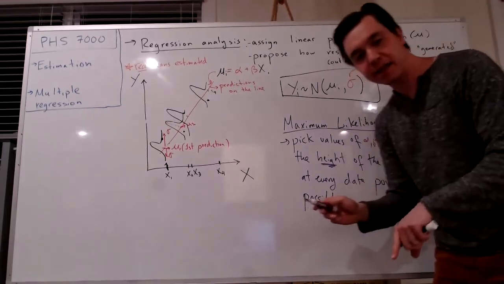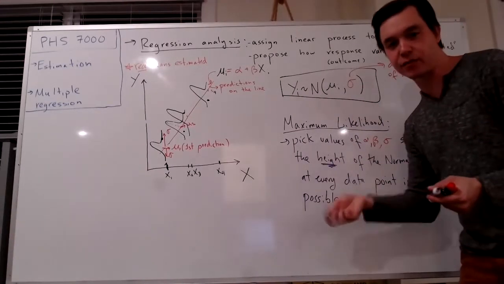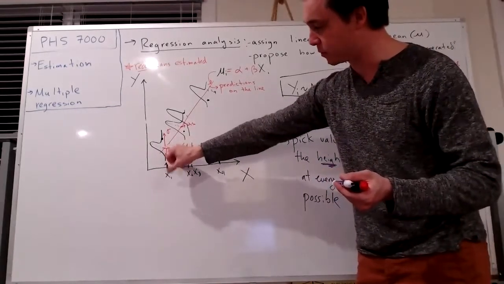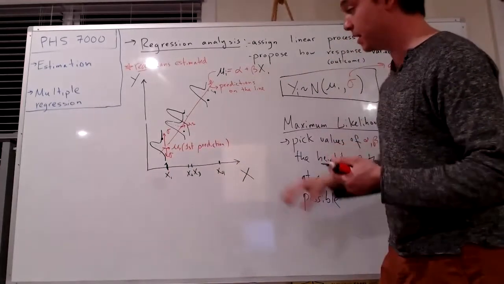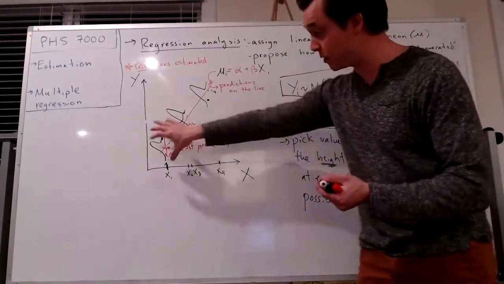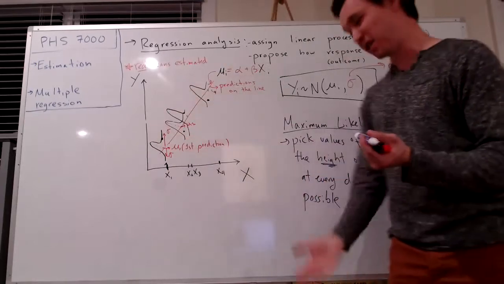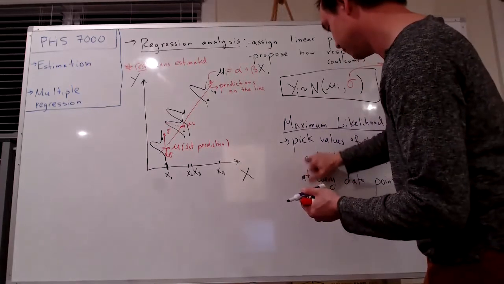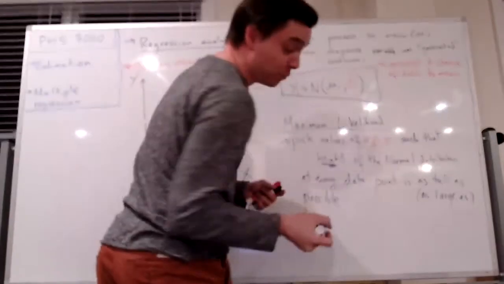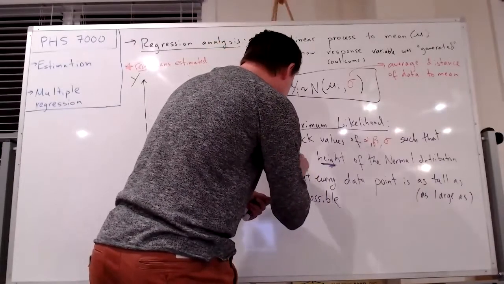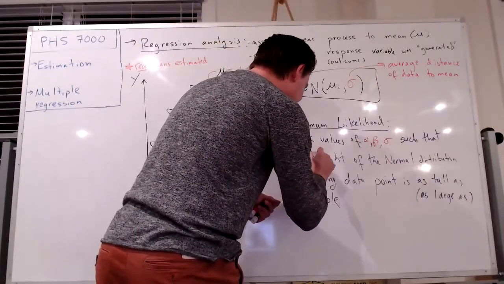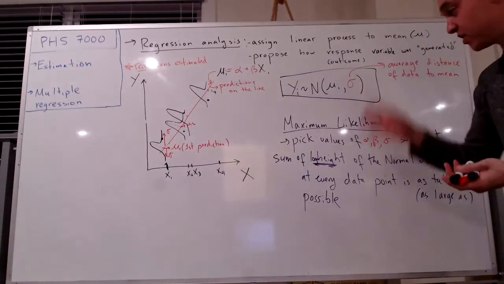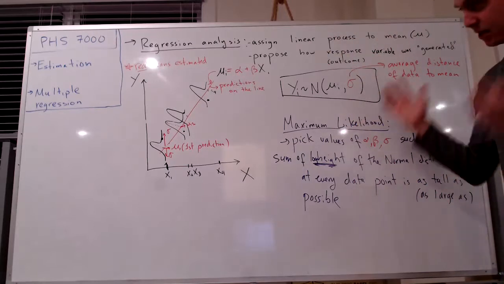The least squares estimation is trying to minimize the sum of squared errors. Maximum likelihood estimation says, I'm going to fit these normal distributions using this alpha, beta, and sigma to make sure that the height of the distribution, especially the sum of the heights, I'll be even more specific, the sum of the natural log heights. The sum of the natural log of the heights is as large as possible.